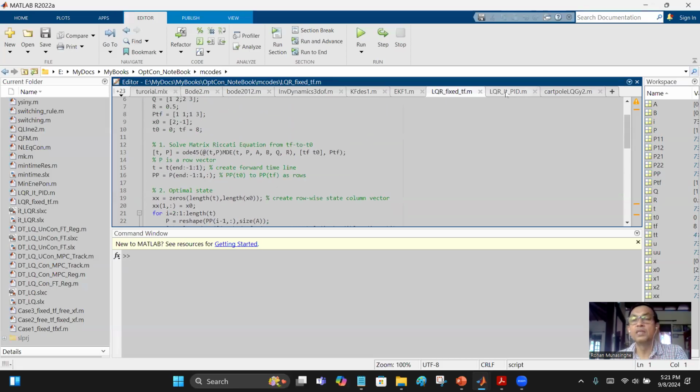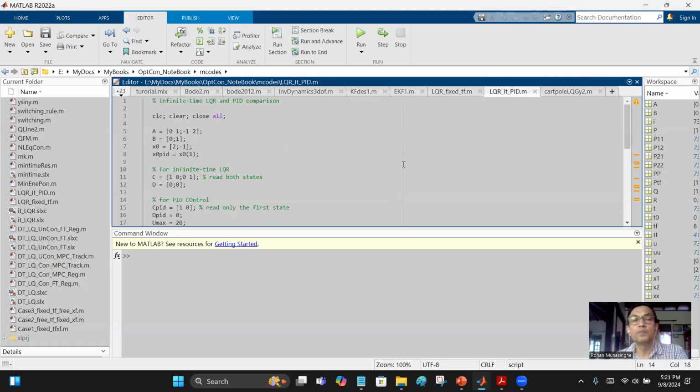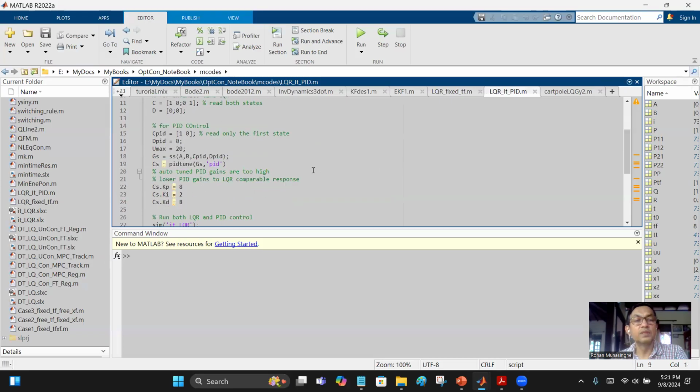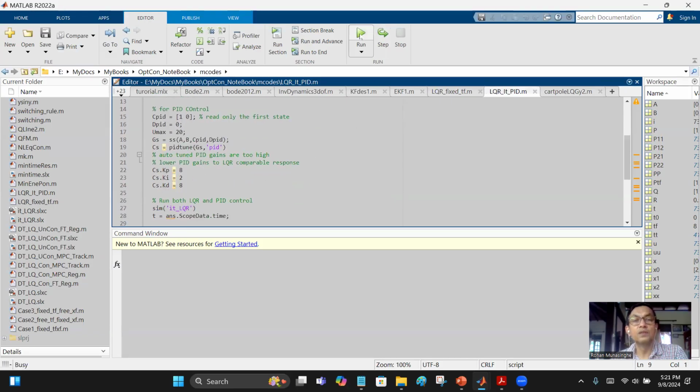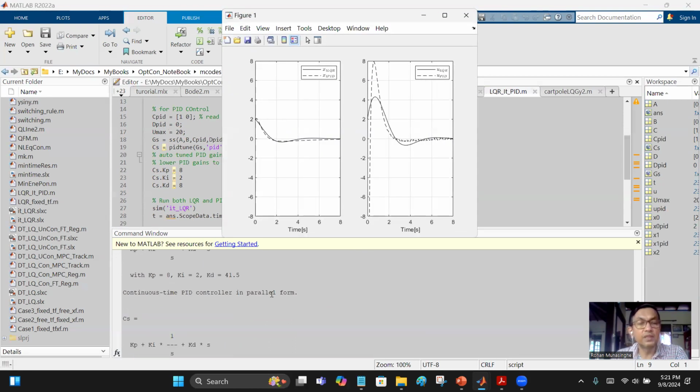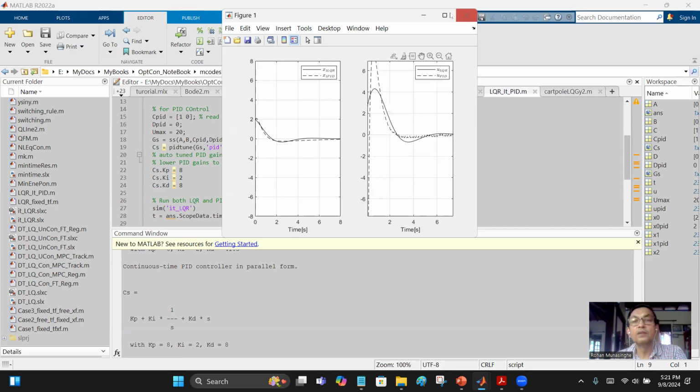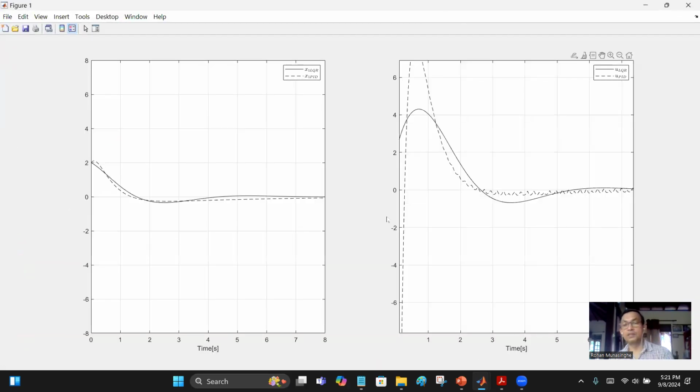And this is the infinite time controller. You can see MATLAB generates this controller, KP, KI, and KD, these values. This is the result I showed. I will share these codes with you. Please make sure you run them and figure them out, understanding them together with the theory.